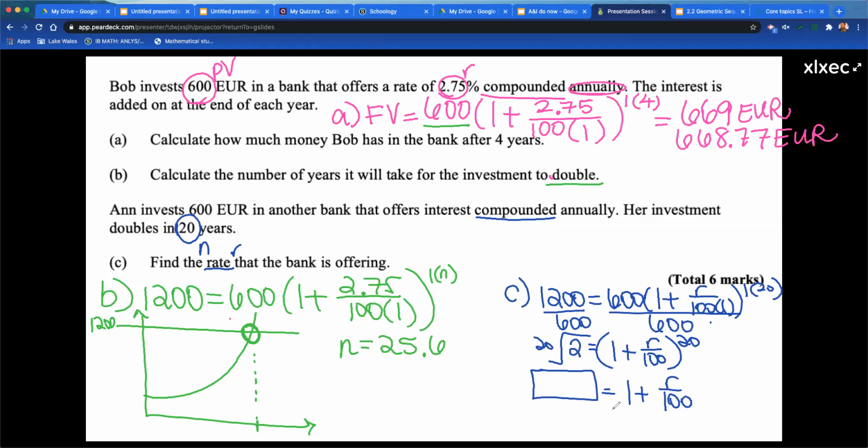Whatever decimal that is, don't tell me, you just know it's some decimal. You would subtract 1 and then multiply your answer by 100 to get your rate. Did we get an answer? 3.53. Very good.